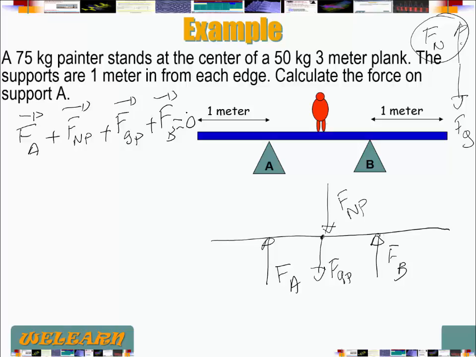Now, of course, it is helpful here that all the forces are along the vertical, so I don't have to worry about components of forces. Everything is along the vertical.